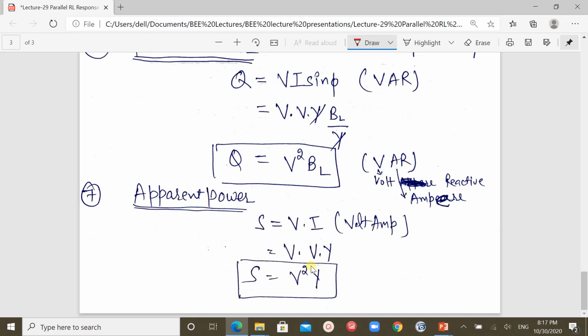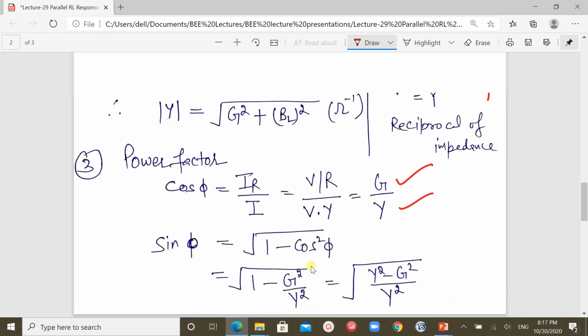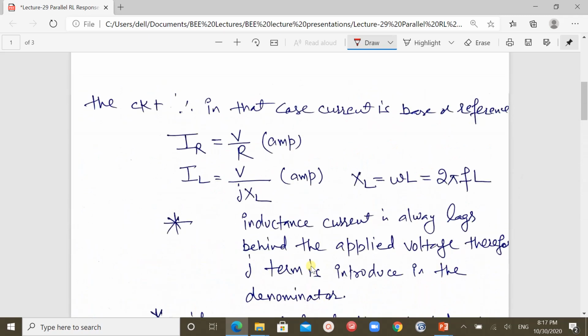So this is about the parallel response of the RL circuit.